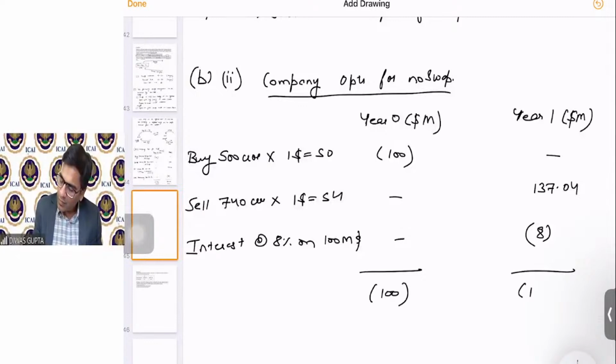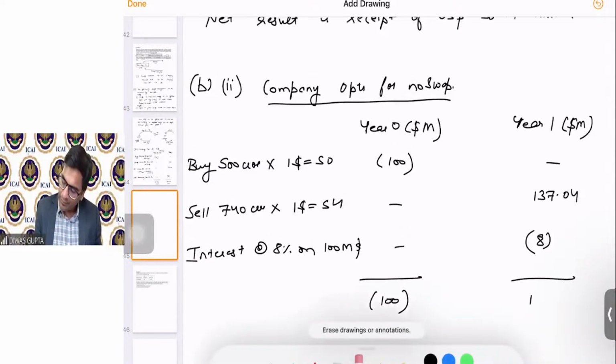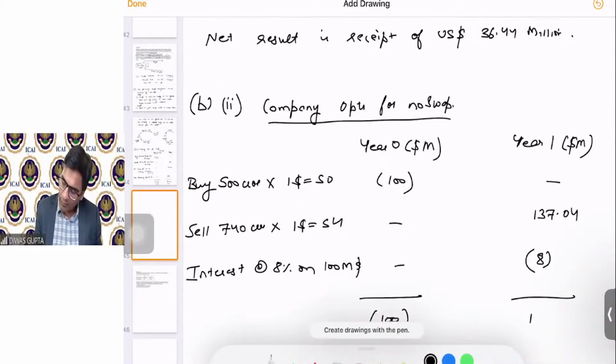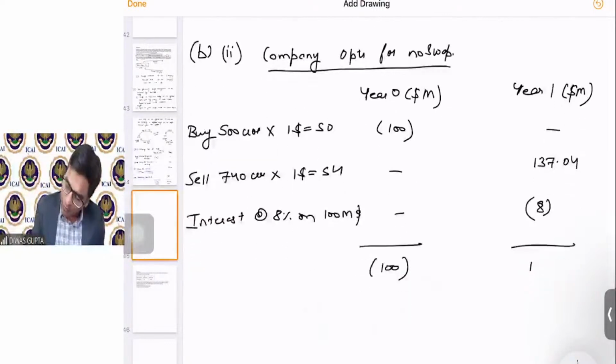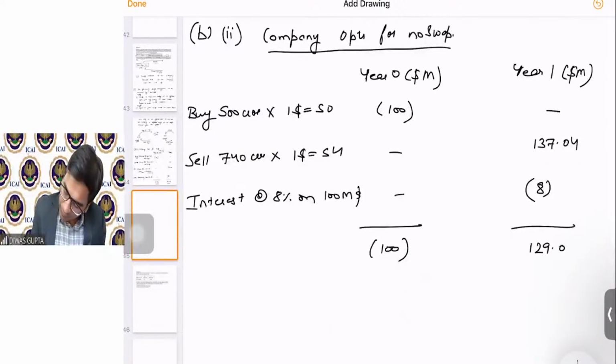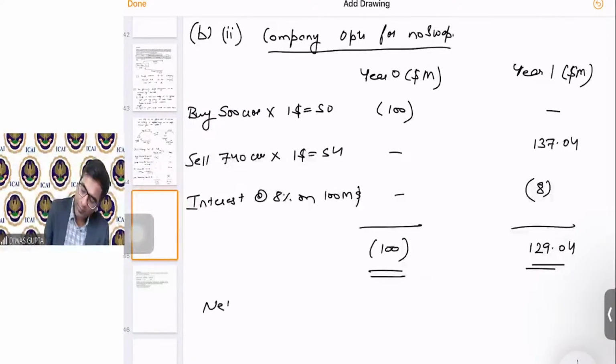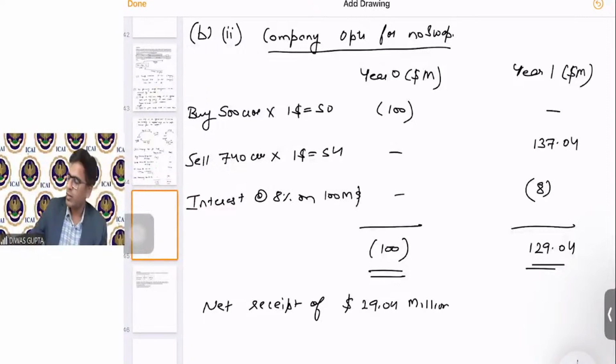This becomes 129.04. So this is actually resulting into a net receipt of dollars 29.04 million students.